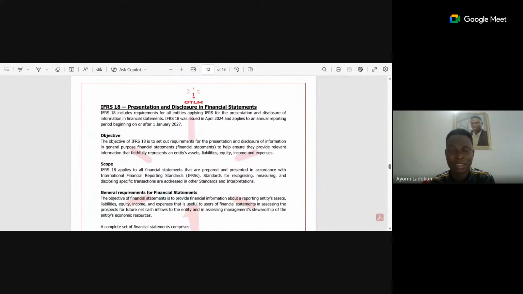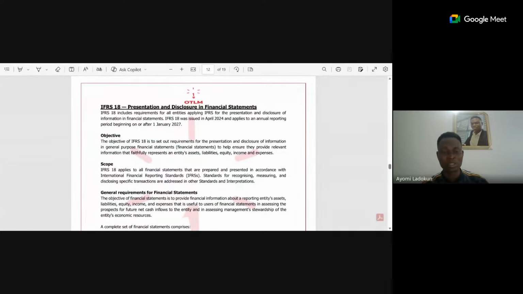So that's what you have under chapter 1 of the Conceptual Framework. The same way here, the objective is to say what are your requirements in the presentation and disclosure of information in the general purpose financial statements.